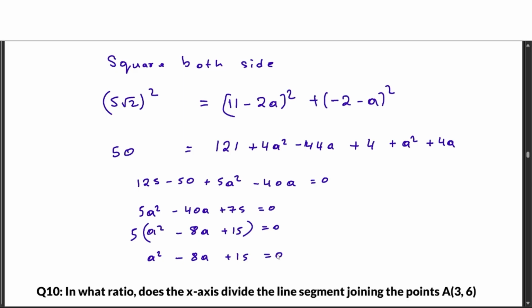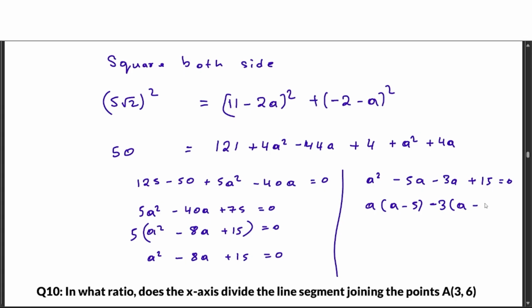Okay, now you can use the splitting of middle term. So you can say here A square minus 5A minus 3A and plus 15 is equal to 0. So you can take A common. So A minus 5 and minus 3 you will take common.